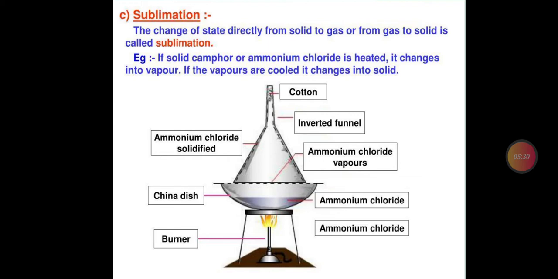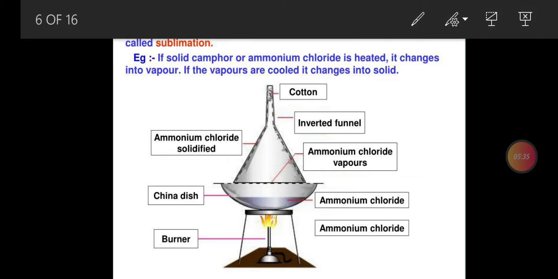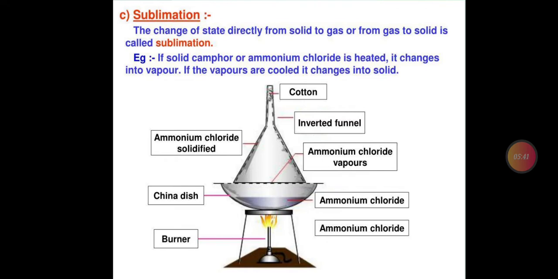Sublimation. Sublimation is the change of state directly from solid to gas. We just discussed that when there is a change from solid to gas, this is called sublimation, and from gas to solid it is also sublimation or desublimation. Two to three different terminologies are used for converting back from gas to solid, so do not get confused.